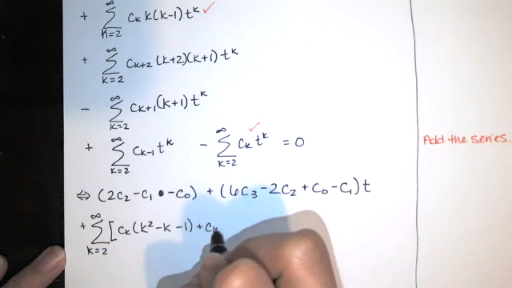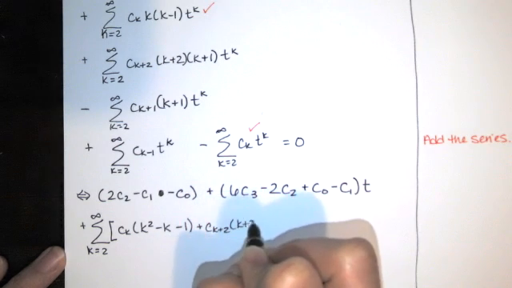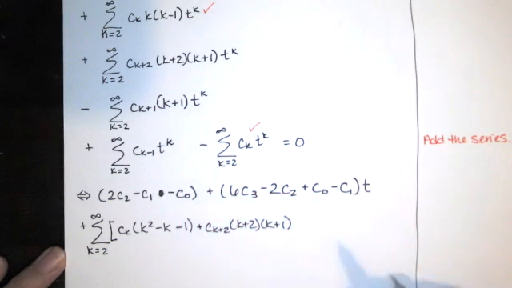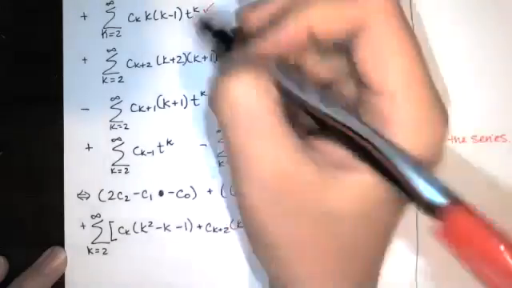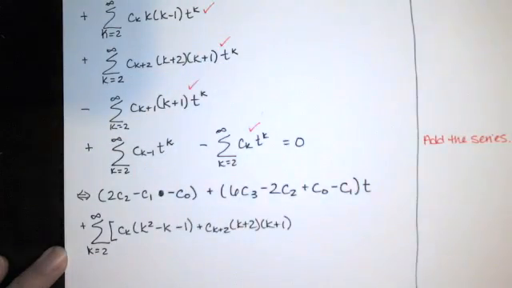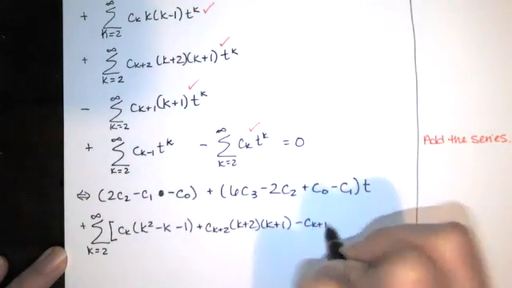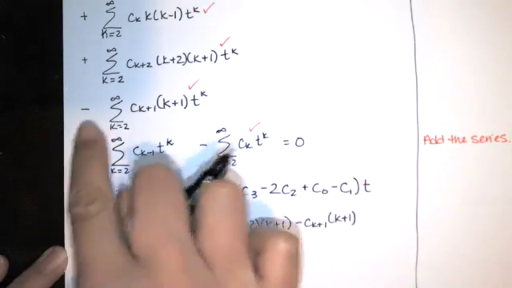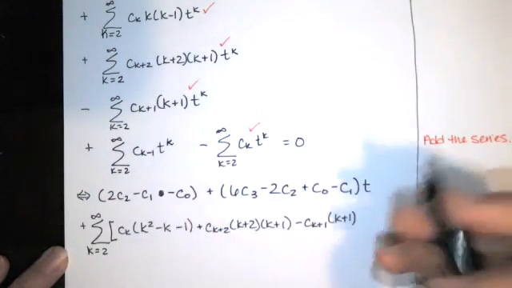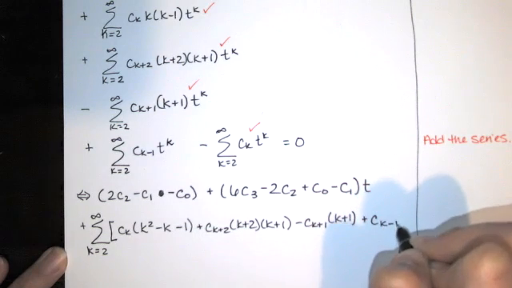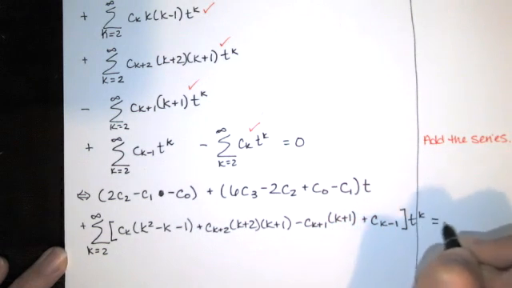So I have c sub k plus 2 times k plus 2 times k plus 1 times t to the k. And we want the next one. Don't forget that minus sign out there. And then the last one. All of this times t to the k is equal to 0.